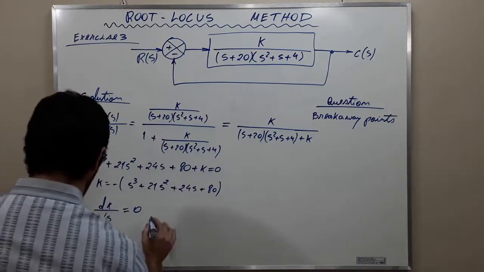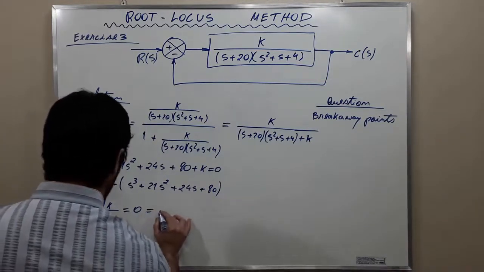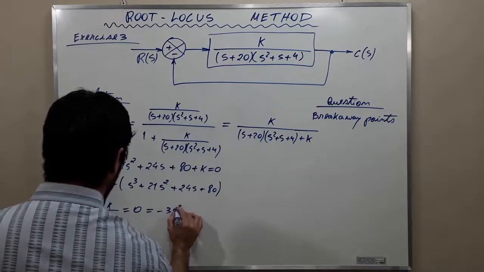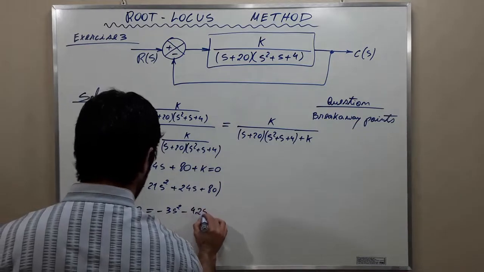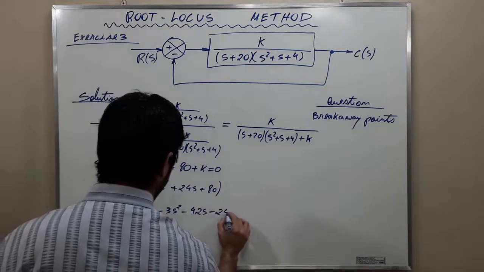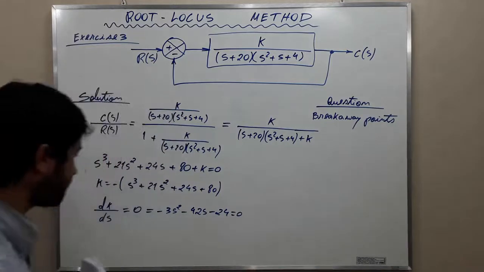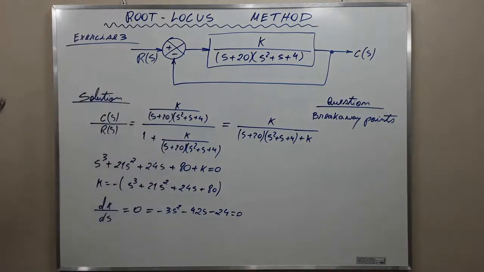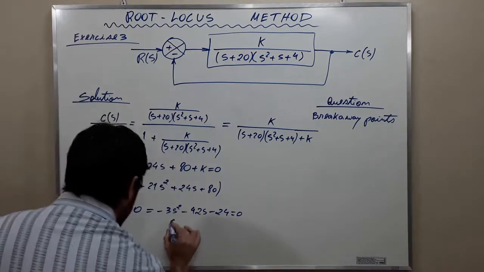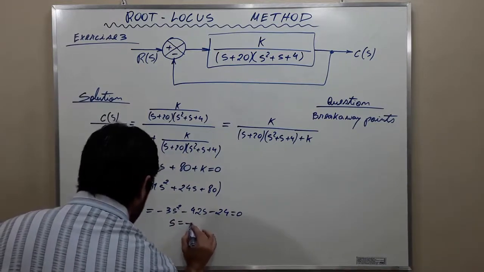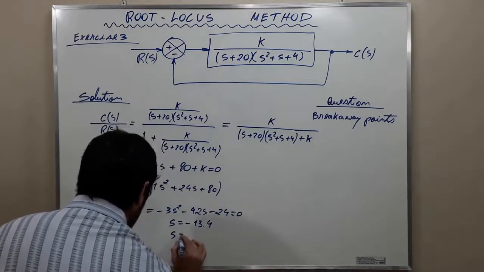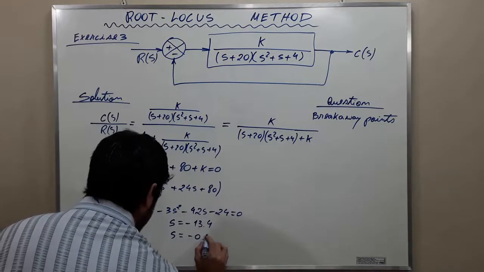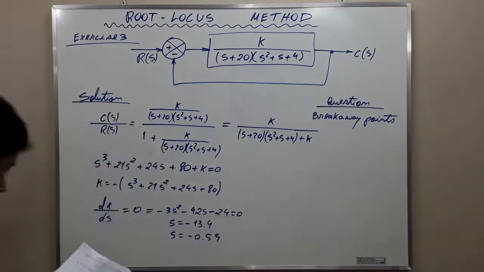And this is equal to minus 3S squared minus 42S minus 24 equal to 0. And the roots of this equation are S equal to minus 13.4 and S equal to minus 0.59.